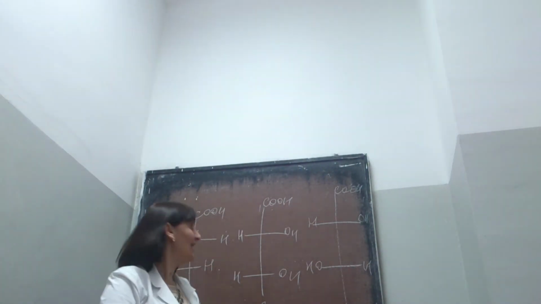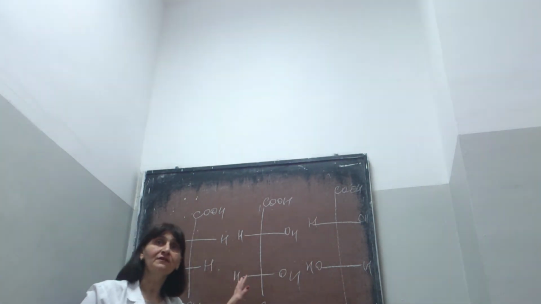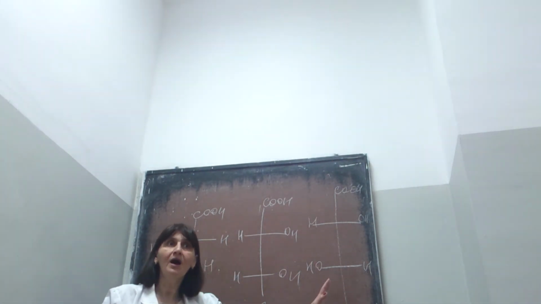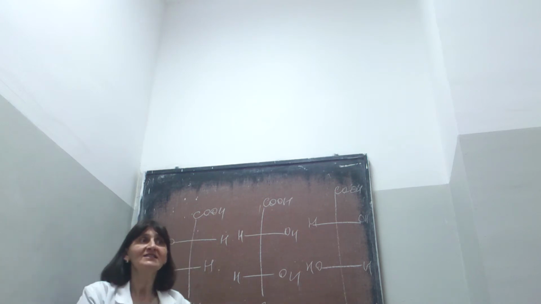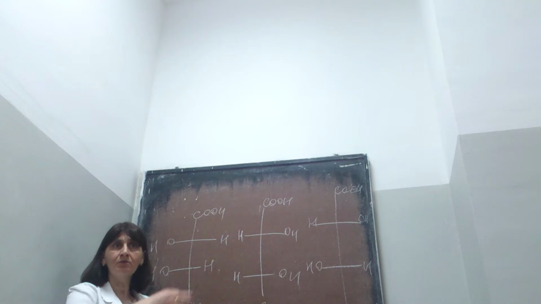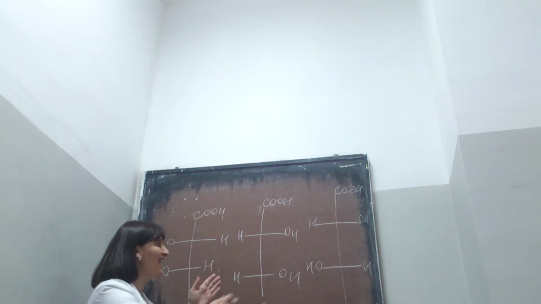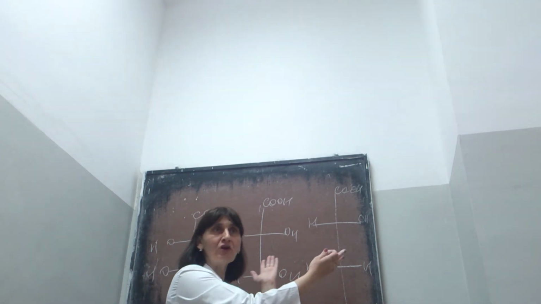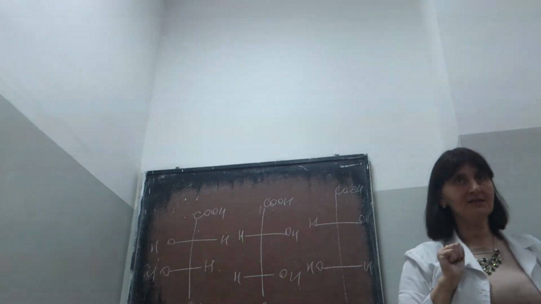All of them are three different compounds, and all of them are stereoisomers of each other. Why? Because they have the same order of atoms and the same molecular formulas, but they have different structures, a different arrangement of these substituents in space.